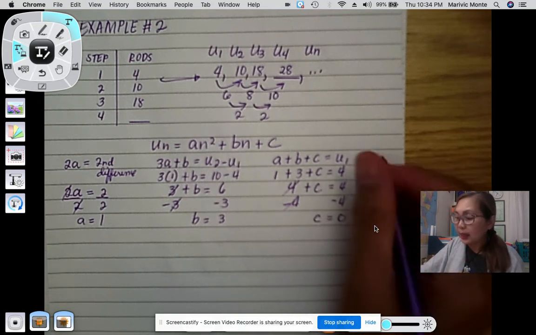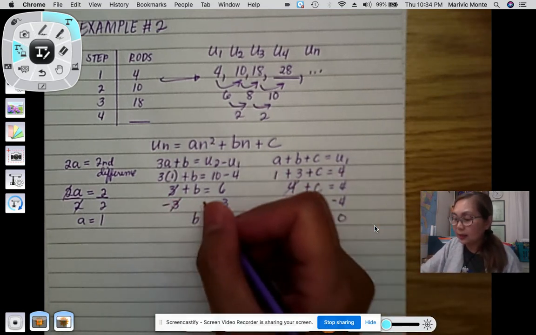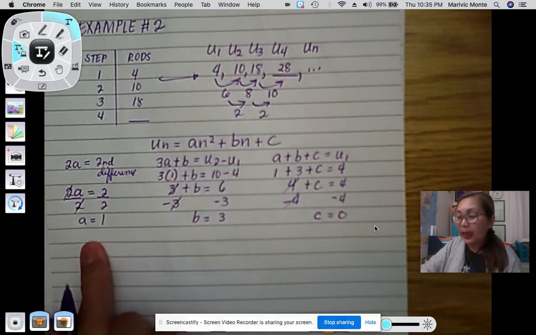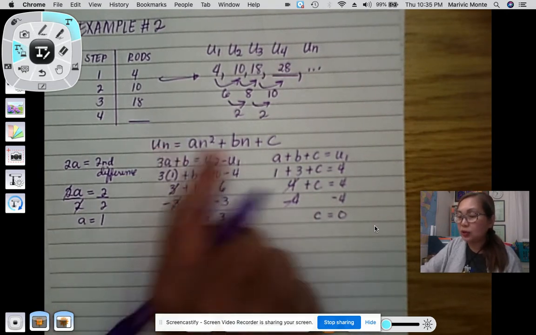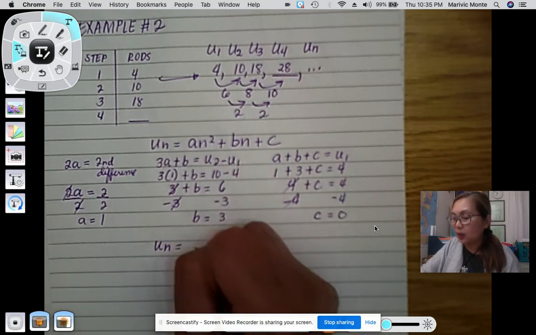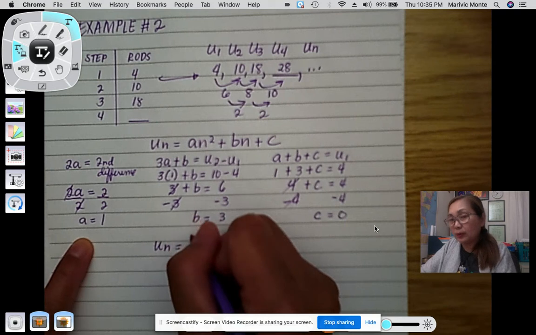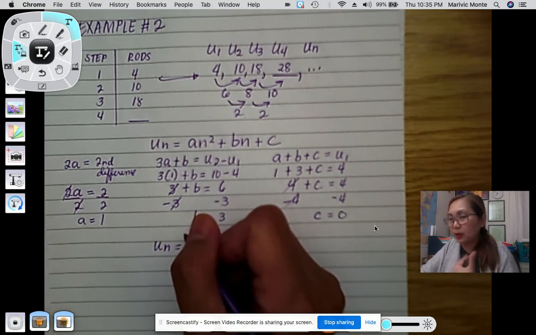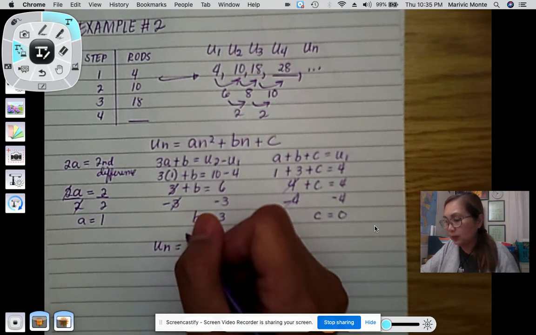So let's write our final equation, substituting all the values of a, b, and c into this. We have u of n equals, a is 1, so we don't have to write that down. Also from example 1, you've seen that we've discussed that case.